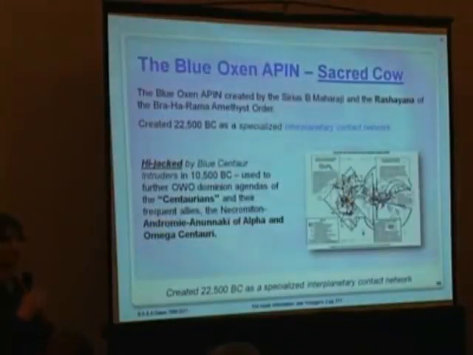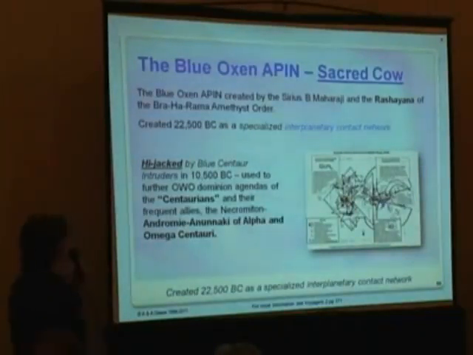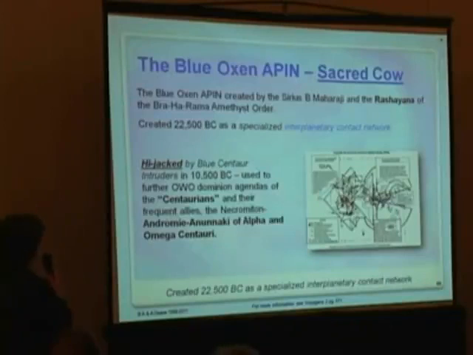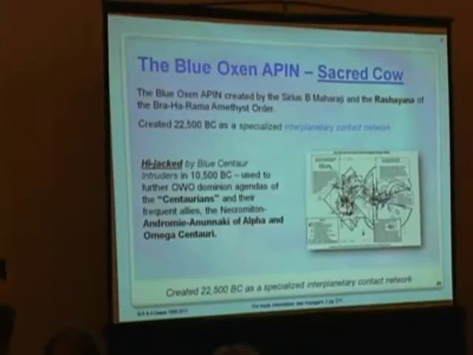So, now we're going to learn about the blue oxen Apin system, which was referred to as the sacred cow. The blue oxen Apin was created by the Sirius B Maharaji and the Rashana of the Brahmarama Amethyst Order, one of the founders' races. It was created in 22,500 BC as a specialized interplanetary contact network.